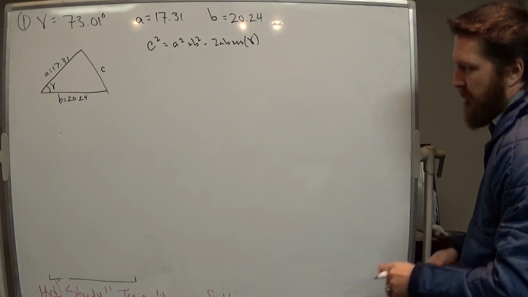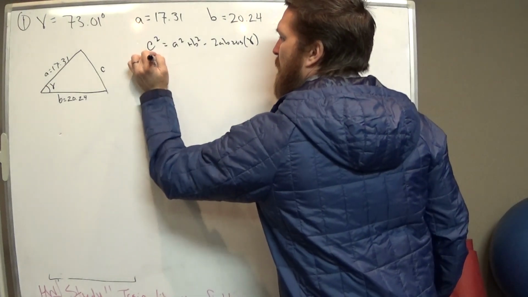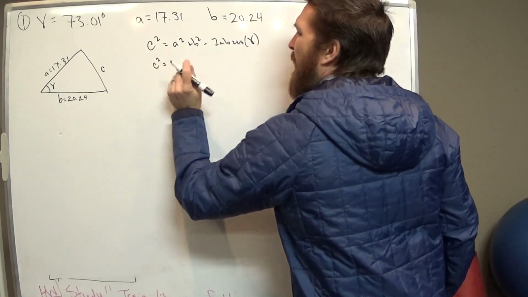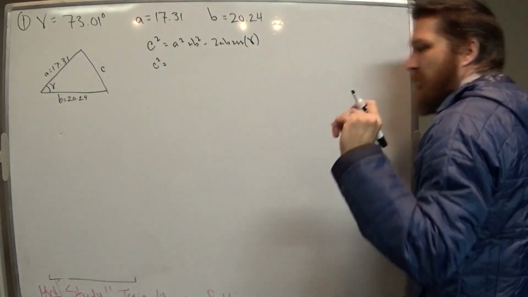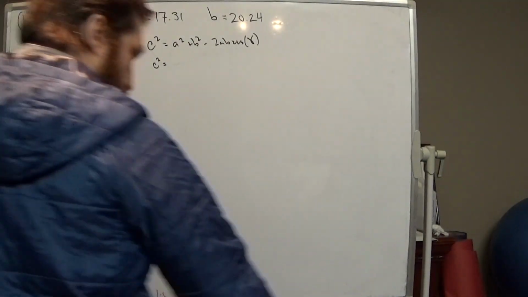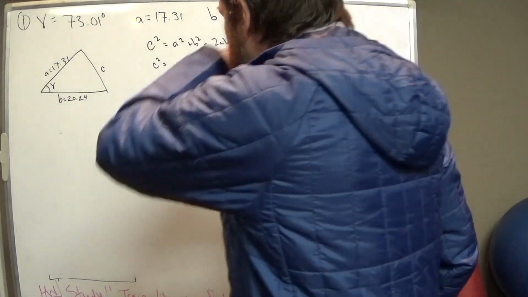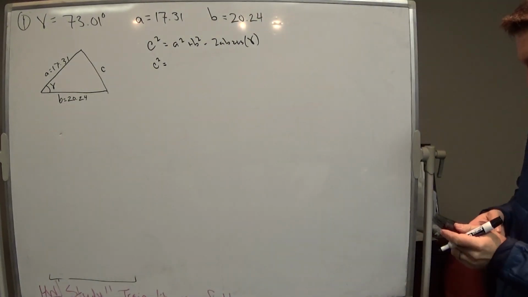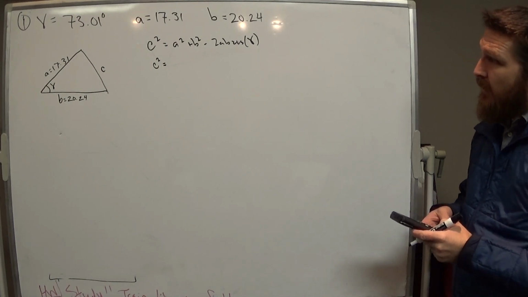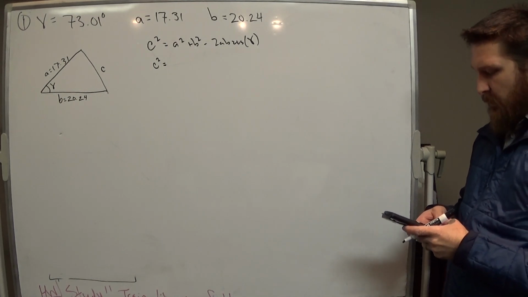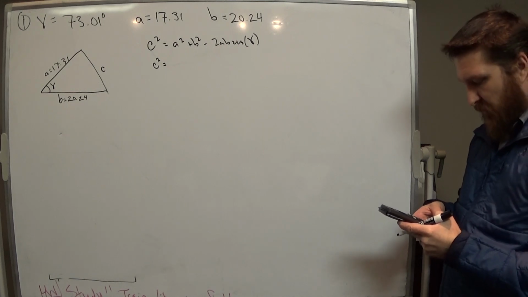And so C squared is equal to, and I'm just going to plug all this into my calculator right now and see what we get. So, A is 17.31. I'm going to square it.